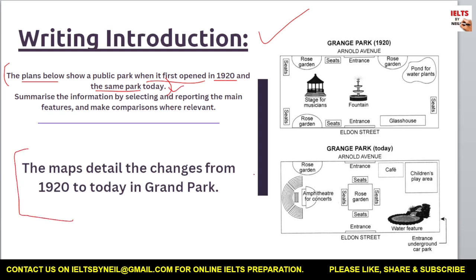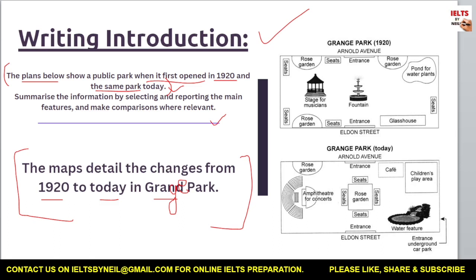This could be our introduction. The map detailed the changes from 1920 to today in Grange Park. So sorry, it should be Grange, Grange Park. So this could be our simple introduction. Okay, I've not written any fancy words or fancy statements or sentences, right? I've made it simple and to the point.